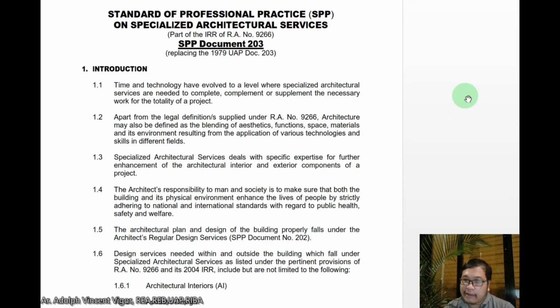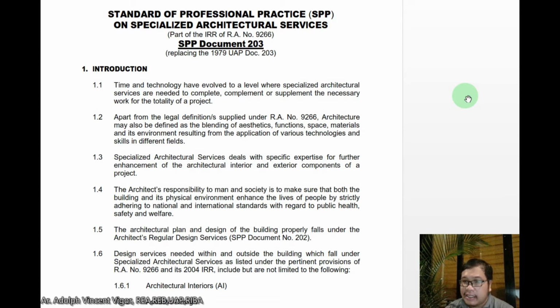You can find a lot of architects specializing in several specific fields. You can see architects who specialize only in residential designs. You have architects who specialize in hospital design, mall design, airport design, institutional design. So architectural services have become more specific and specialized.